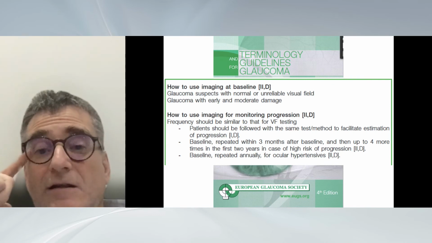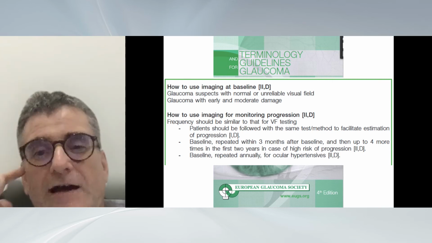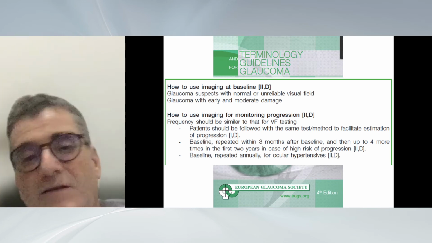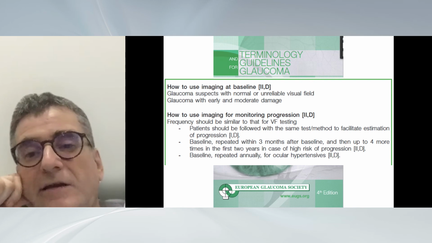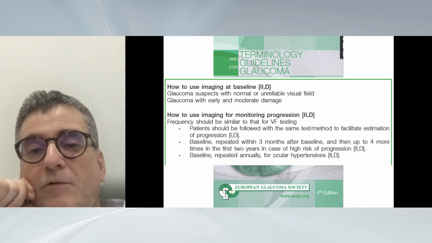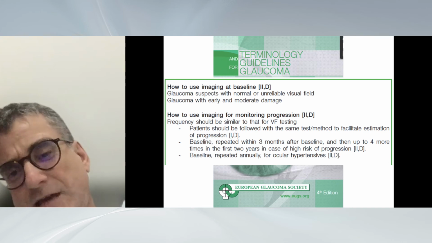So in practical terms, I think the EGS guidelines give good advice. Glaucoma imaging is particularly important in early and moderate damage. And the frequency should be similar to that of visual field testing.